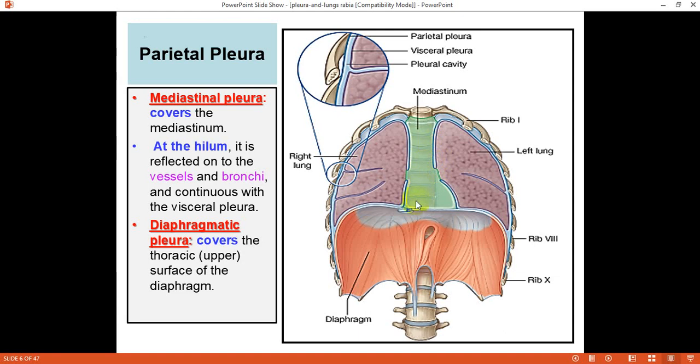Then the diaphragmatic pleura, we can observe here that it is lining the superior surface of the diaphragm and making the same convex curvature as the dome of the diaphragm. It is lining the diaphragm along all of its superior surface, except where here it is attached to the costal margin.